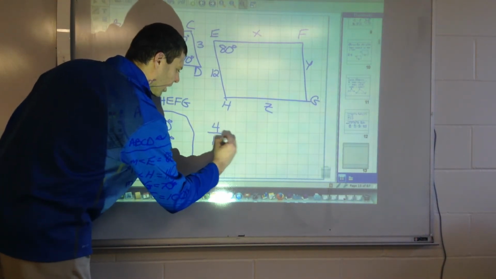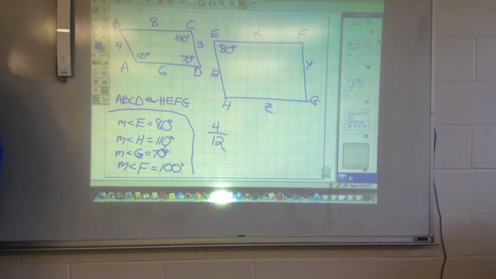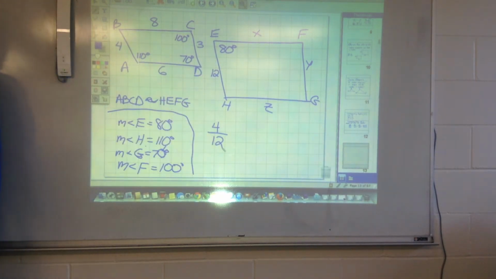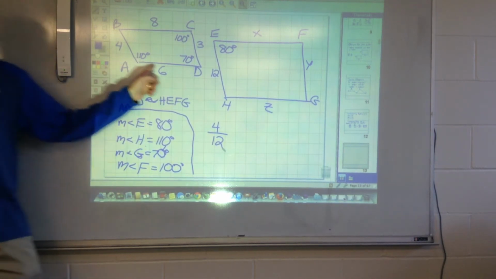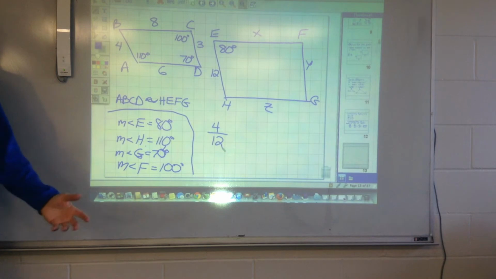So 4 over 12, the ratio of this side to this side would be equal to what other ratio? Anybody? All of the other sides. Pick one. 4 over 12, so AB over HE, whatever that ratio is, it has to be equal to, pick another ratio that would be equal to. AD over HG, so 6 over Z. That work? Yep.